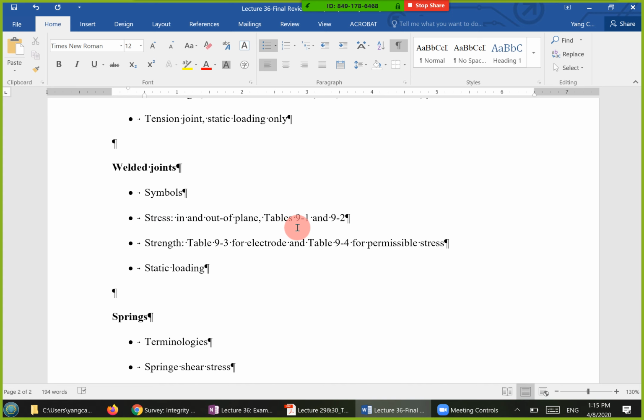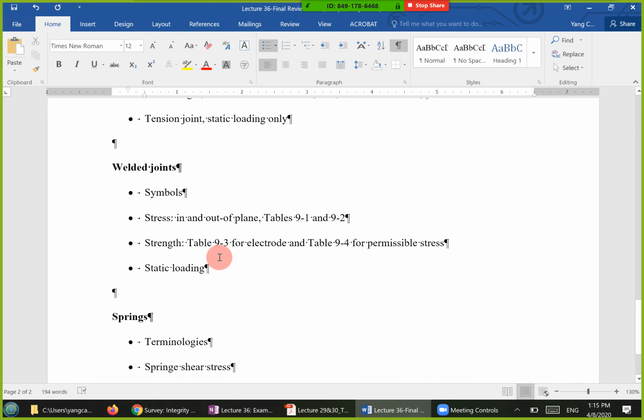One is J, the other is I. I emphasize the importance of this step. When you analyze welded joints, you have to be able to properly identify in plane or out of plane. If this step is wrong, then all of the analysis following it will be wrong.